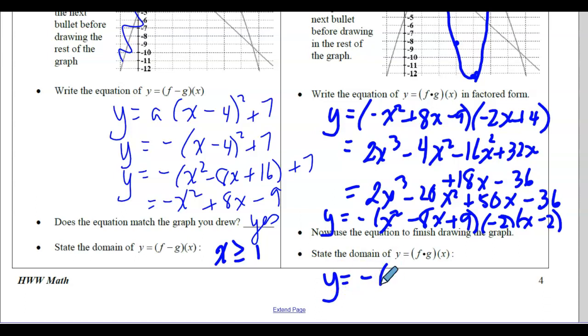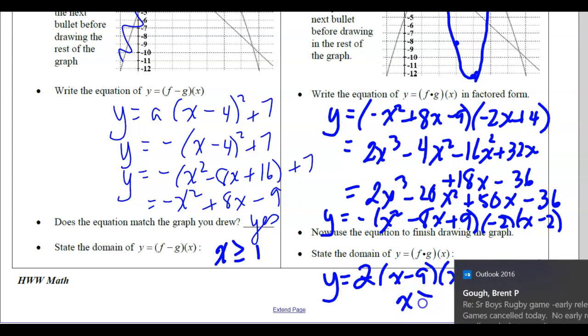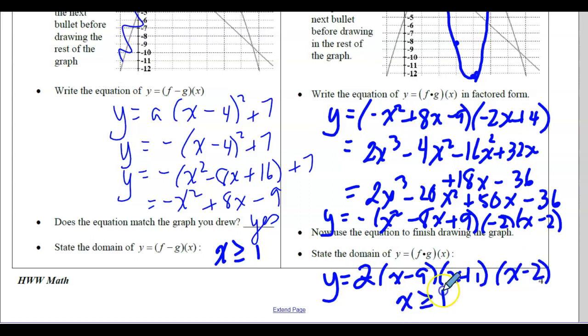Negative times negative 2 is actually going to be positive 2 out front. x squared minus 8x plus 9 factors to x minus 9 times x plus 1. And then times x minus 2. And then, of course, the domain, x has to be greater than or equal to 1. Okay. All right.